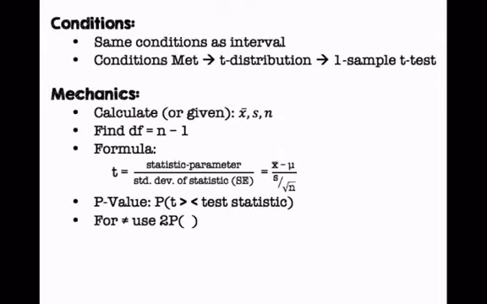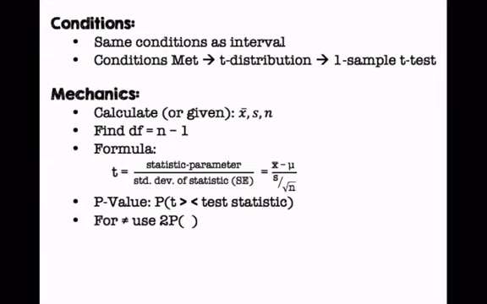The conditions are going to be the same conditions I used for a t interval. It has to be random, it has to be less than 10% of the population, and it has to be a normal model. If the conditions are met, we're going to do a t distribution, and it's going to be a one sample t-test. Make sure you don't forget to state what it is that you're doing.